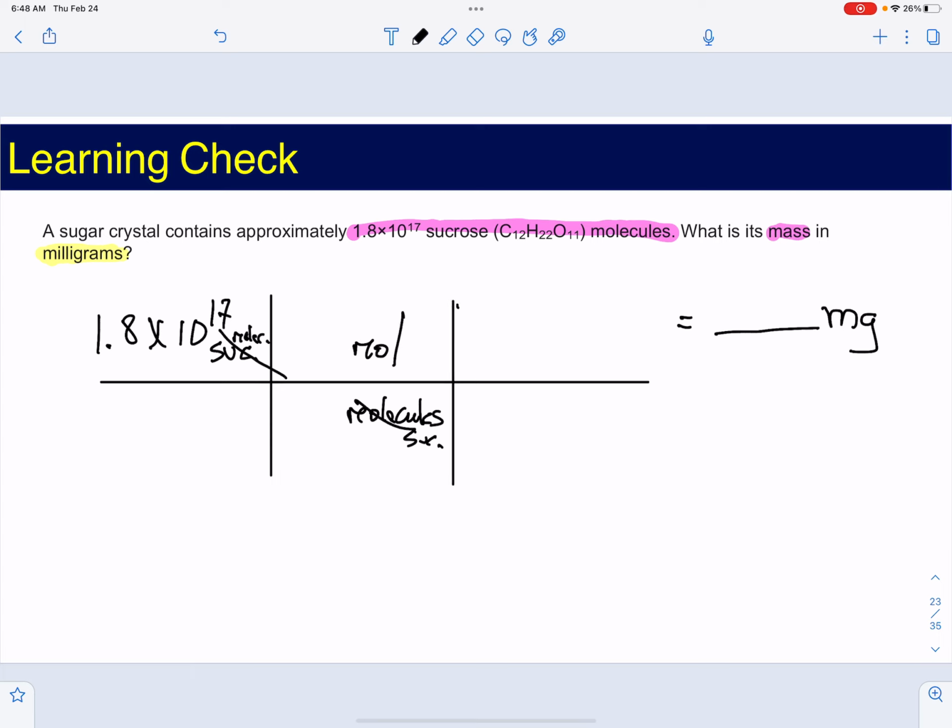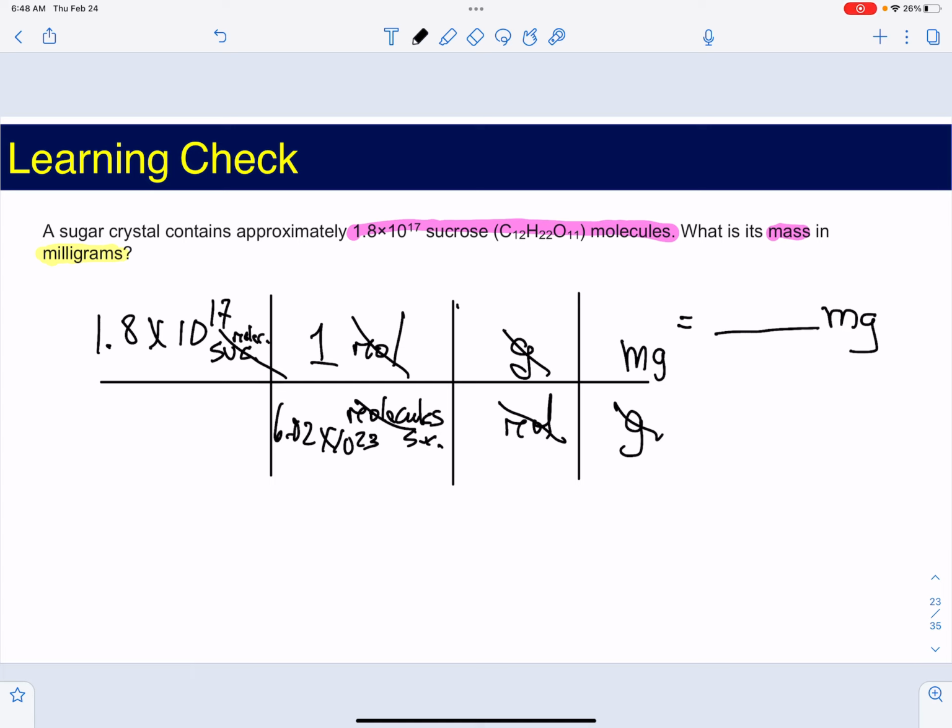But then once I do that, I do not want the moles because I want the grams, right? But that's not really what I want because I do not want the grams, I want the milligrams. So you gotta take it step by step, right? So moles and molecules, Avogadro's number. 1 mole is always 6.02 times 10 to the 23rd.